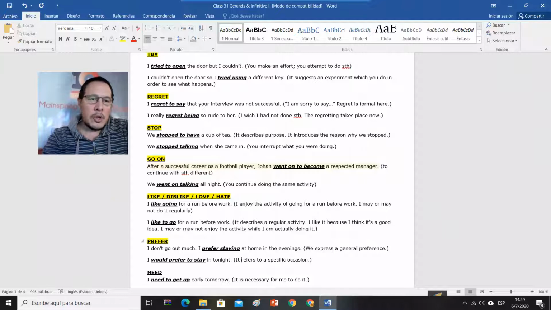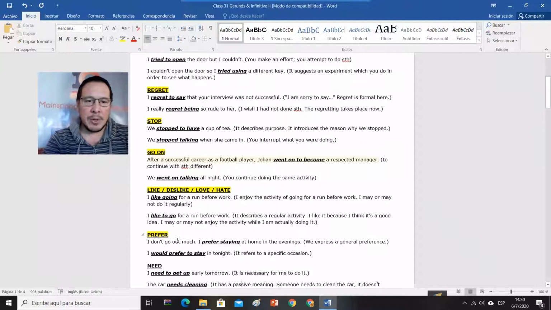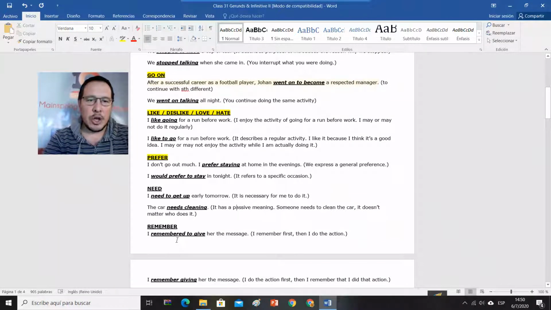Maybe usually, as a habit, I prefer staying at home in the evenings. However, tonight, since I haven't been out for a long time, I would prefer to go out. Changing that habit, because it is not a general preference, it is something specific.